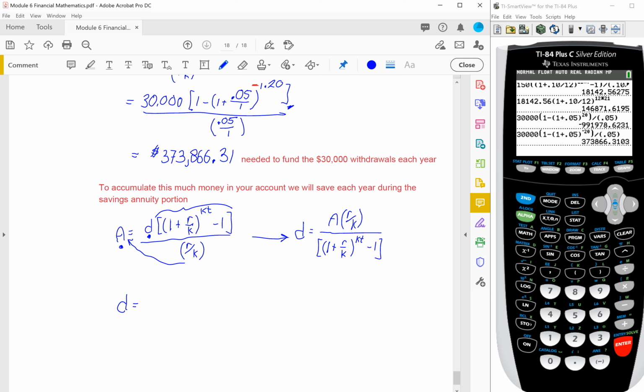Okay, now our account, we need to have that $373,866.31 times our interest rate, which was 5%, so 0.05. And we're doing this once per year. How many payments each year do they have to make?